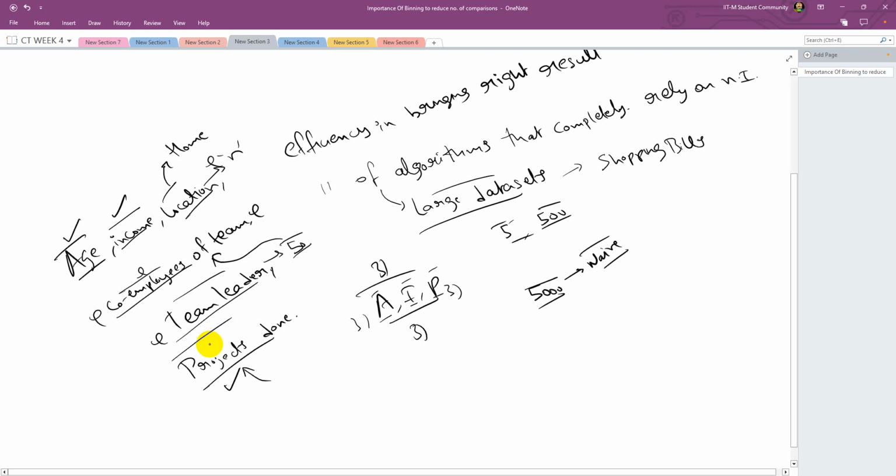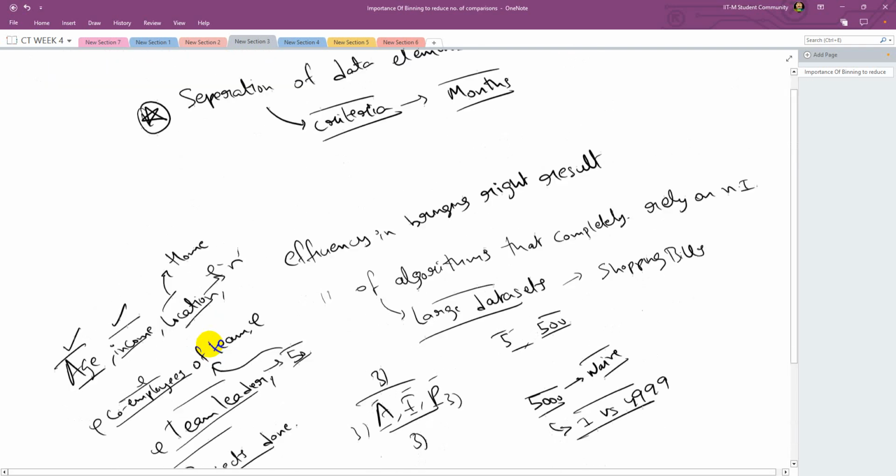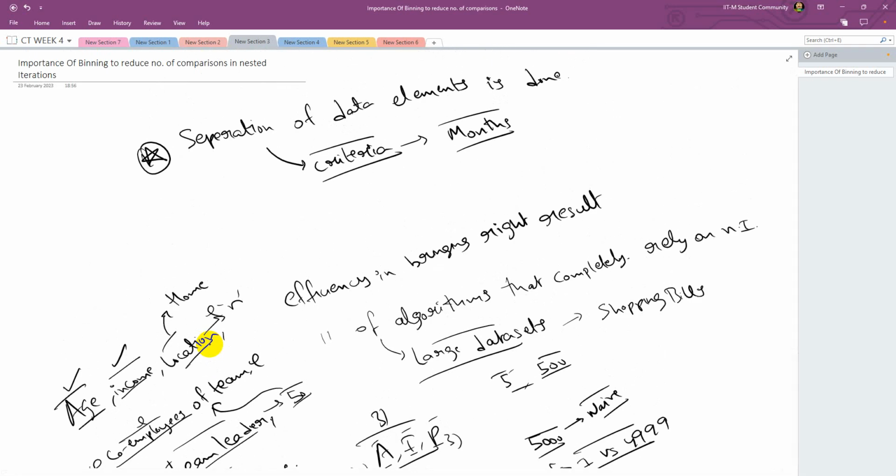Just now I said that rather than comparing everyone in the entire data set, what my statement means is that the first employee would be compared against all the 4999 employees by manual checking, which takes a lot of time. Now you will understand the importance binning has.